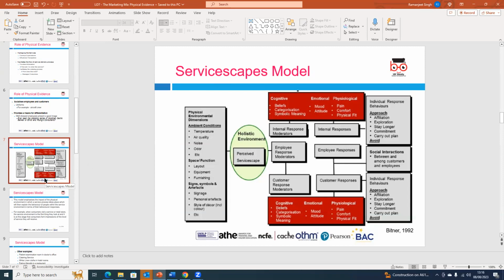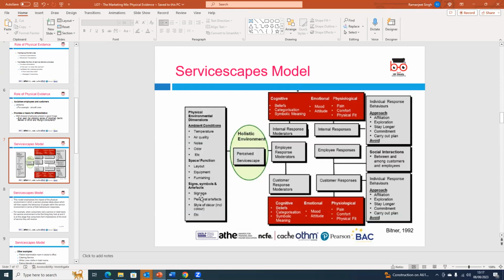This tells you that there is a physical environment dimension and there is an individual behavior dimension. So you can look at your building by temperature, air quality, maybe noise, smell, or the layout of the building, the equipment, the furnishing, or the signs of the building.